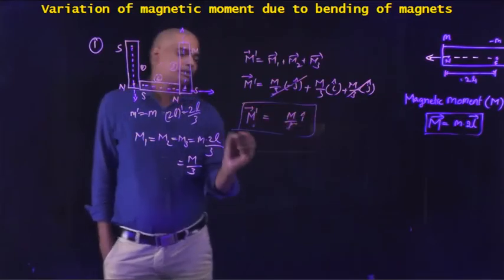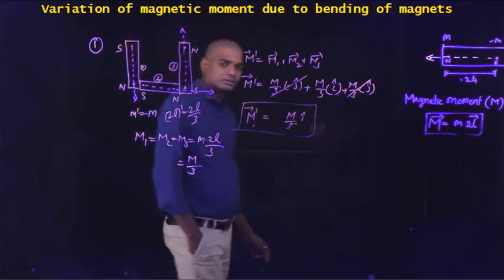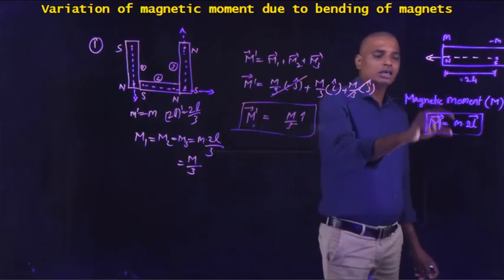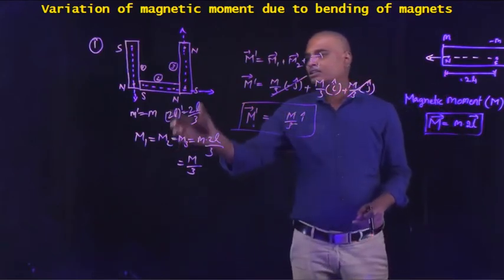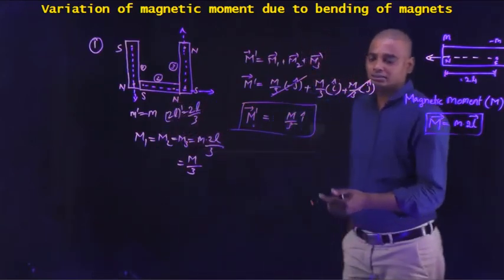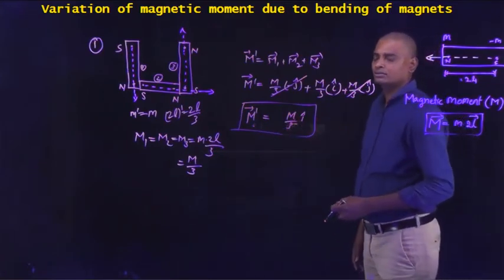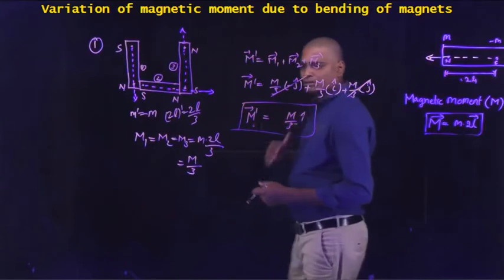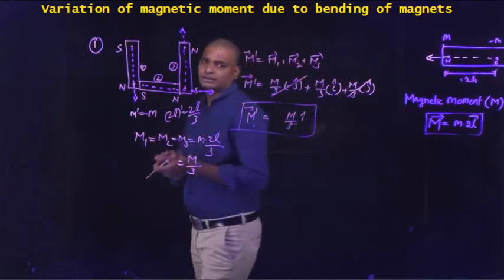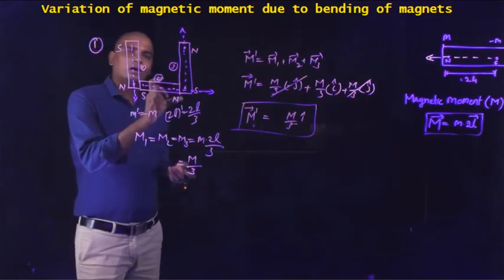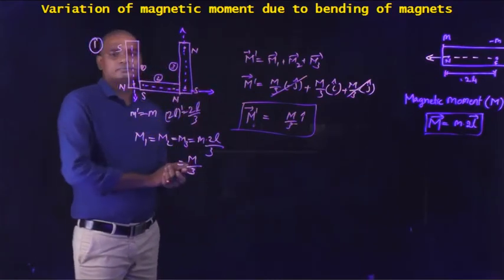The resultant magnetic dipole moment, when this bar magnet whose dipole moment is m is bent in the form of a U shape, is m by 3. Clear? It is a little bit complicated, right? Because we need to consider each segment of the bending.